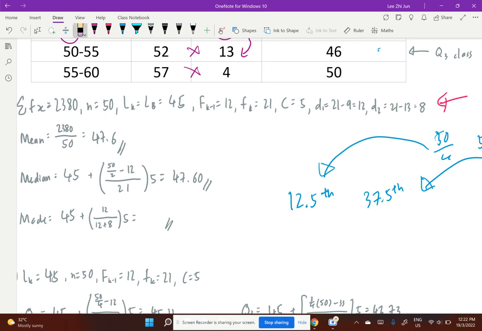It can just be taken as 48. The median, 25 minus 12, divided by 21 times 5 plus 45. 48.09.